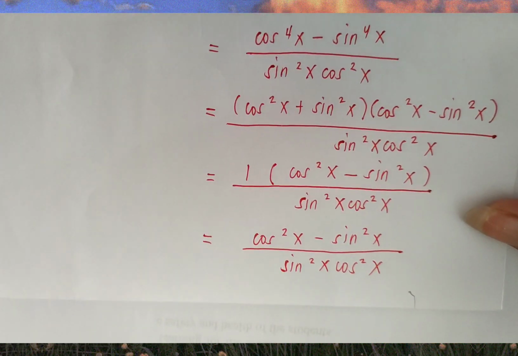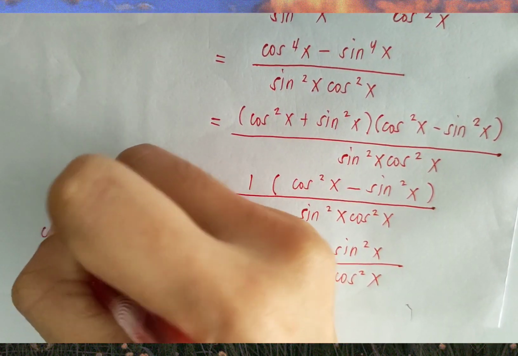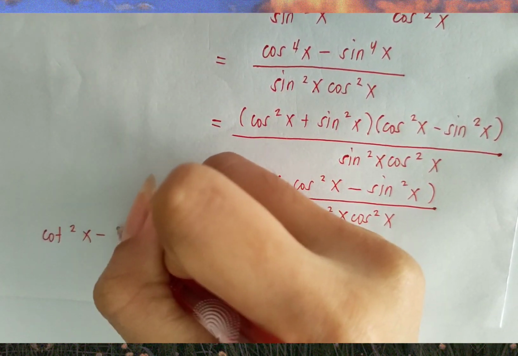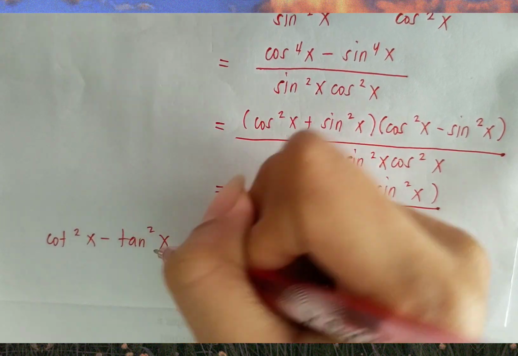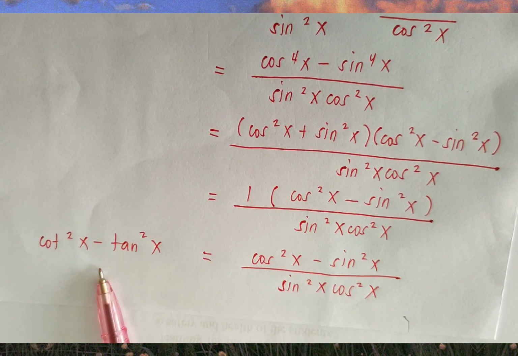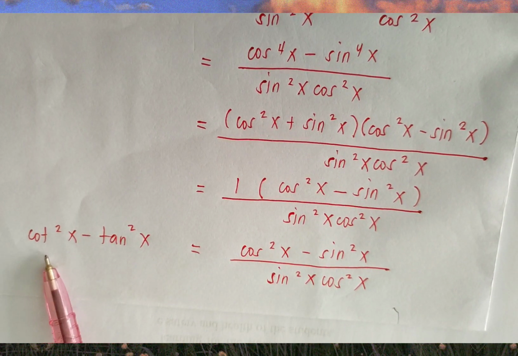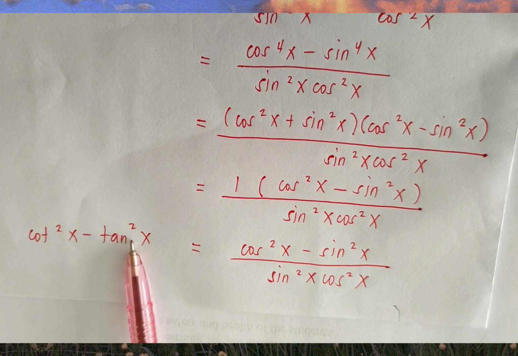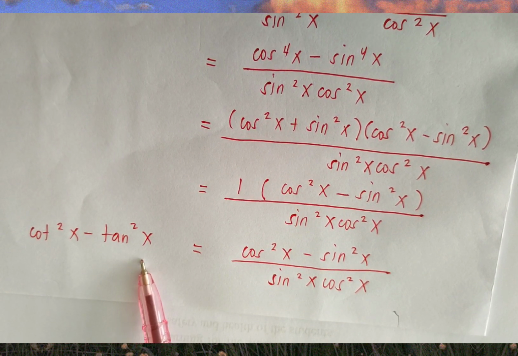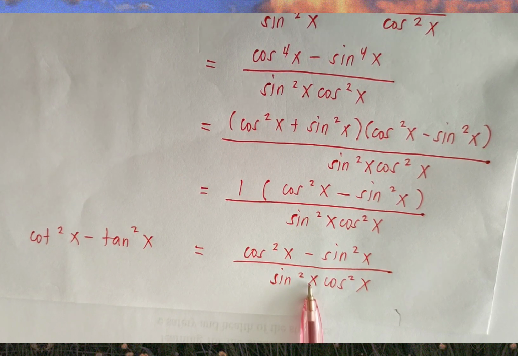So let me write the given for us to compare. Okay, so we already expressed cotangent squared x minus tan squared x using sine and cosine only.